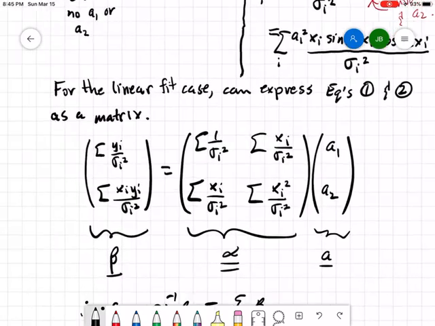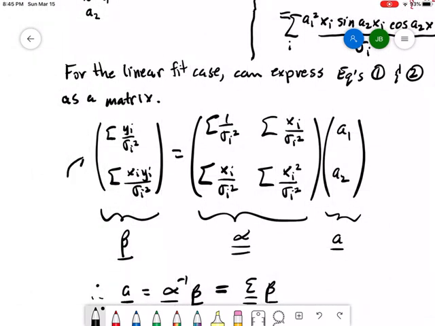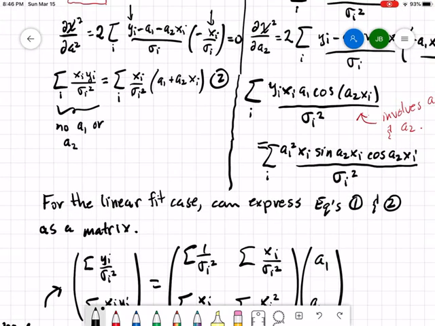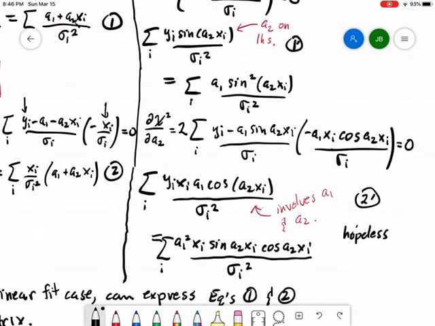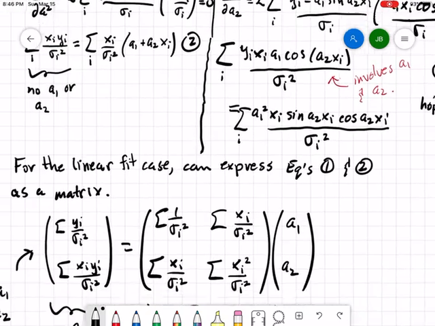That's the important thing. In equations 1 prime and 2 prime, we don't have that situation. We have y times A2, or the sine of A2, and we have y times A1 times the cosine of A2. It's just a complete mess.